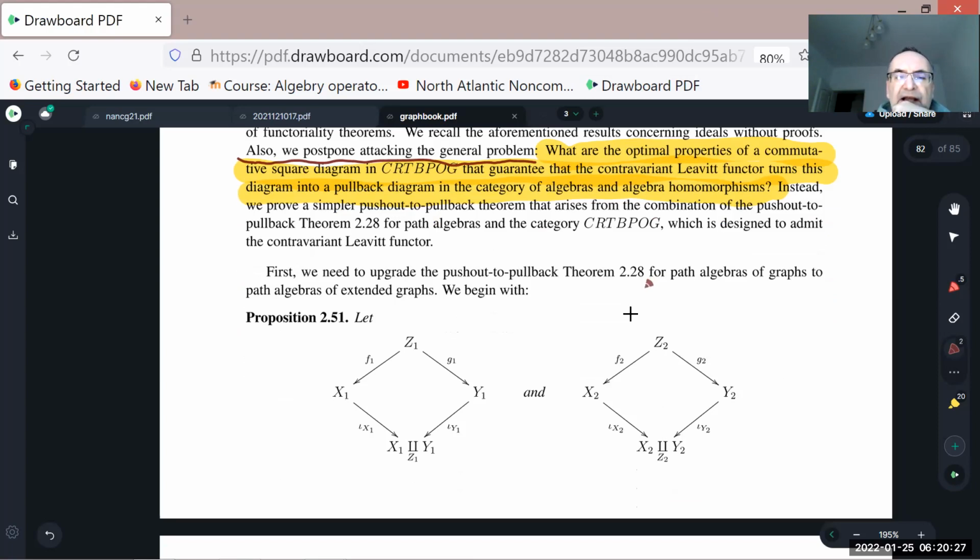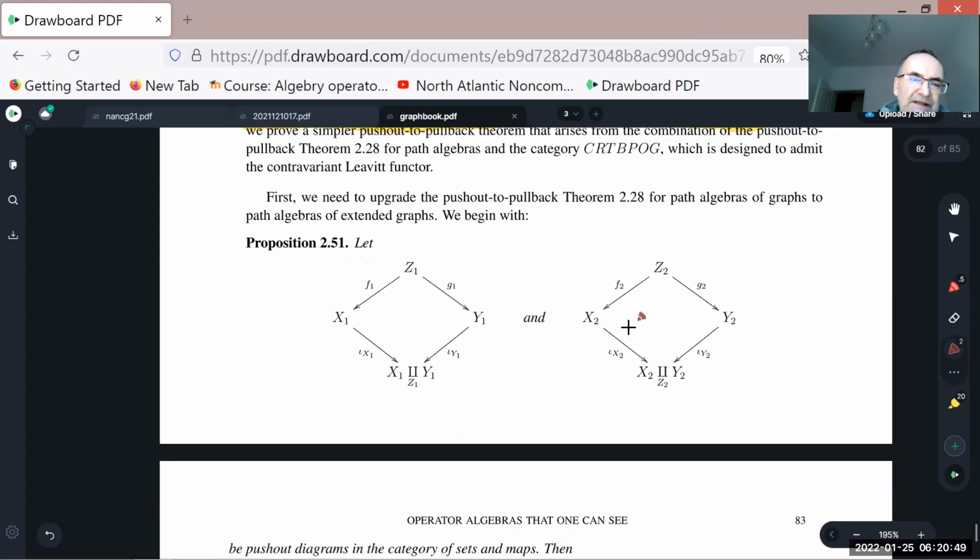It's now in the category of maps and sets. So I have two push-out diagrams in the category of maps and sets. Okay, nothing fancy. It's as simple as it can be. I have one indexed with ones everywhere and one indexed with twos everywhere. So these are two completely independent push-out diagrams. And I claim the following.